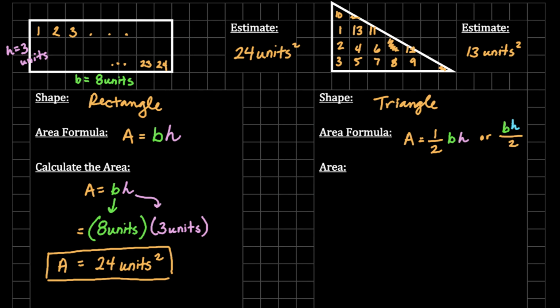So let's go ahead and use this formula with this first one. A equals 1/2 base times height. Let's figure out what our base is. Our base measures 1, 2, 3, 4, 5, 6, 7 units long.